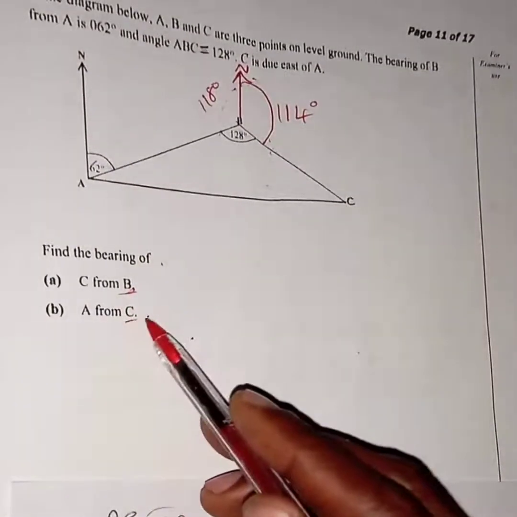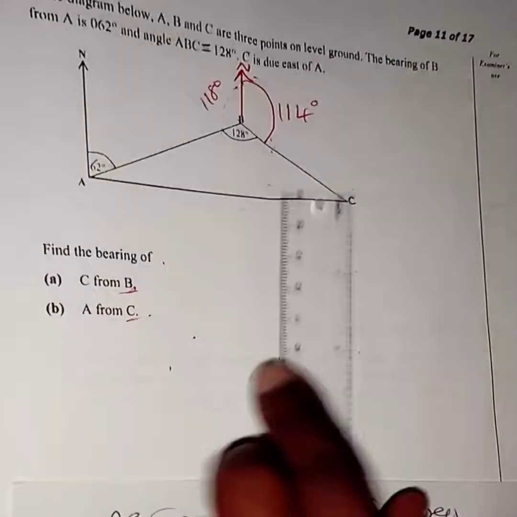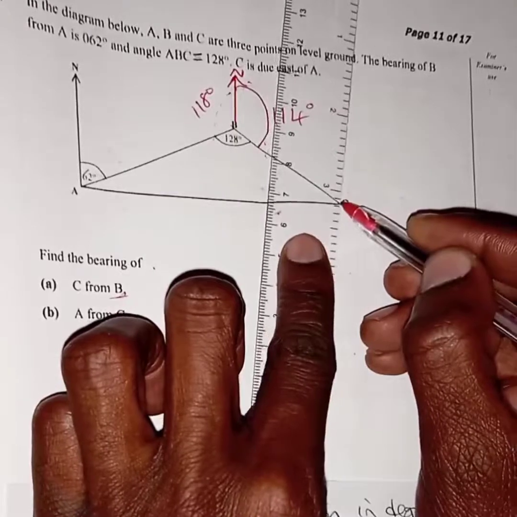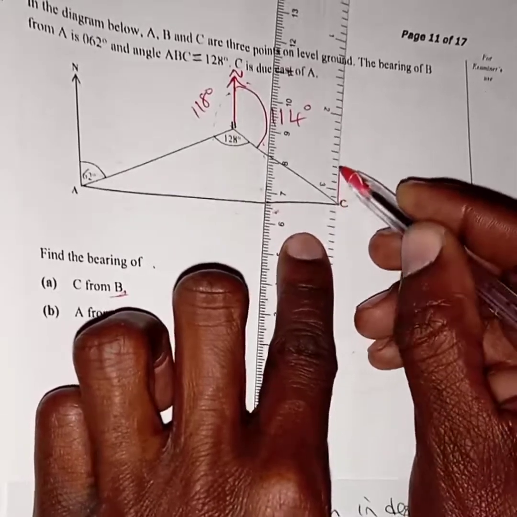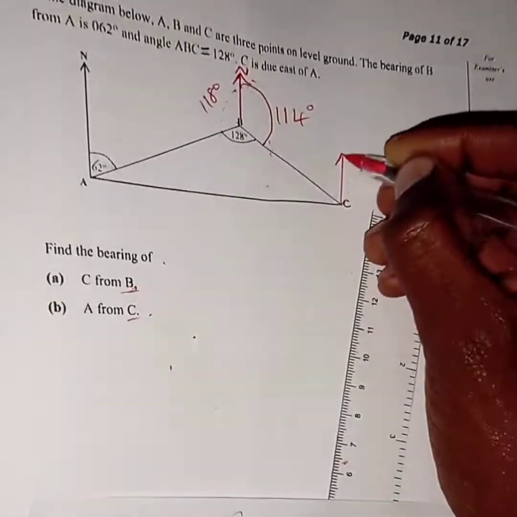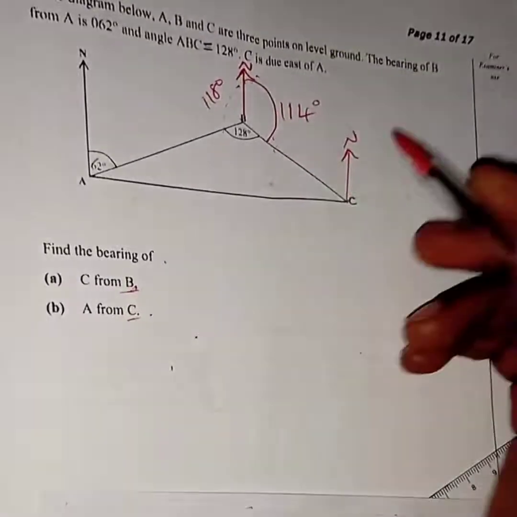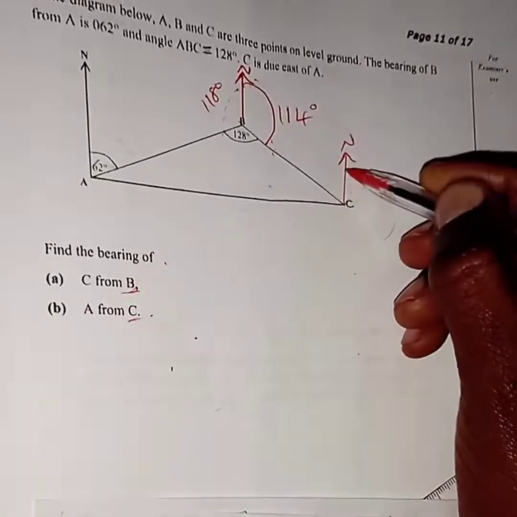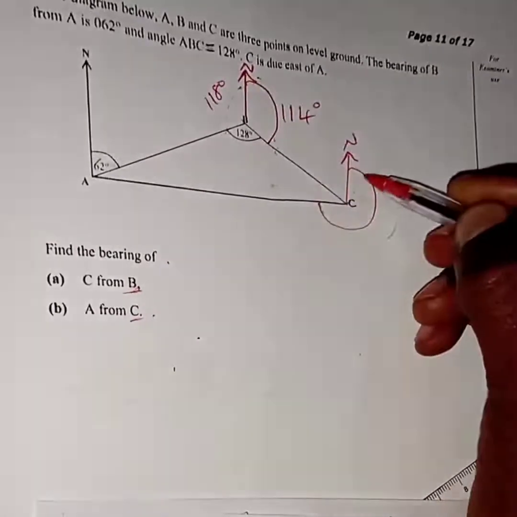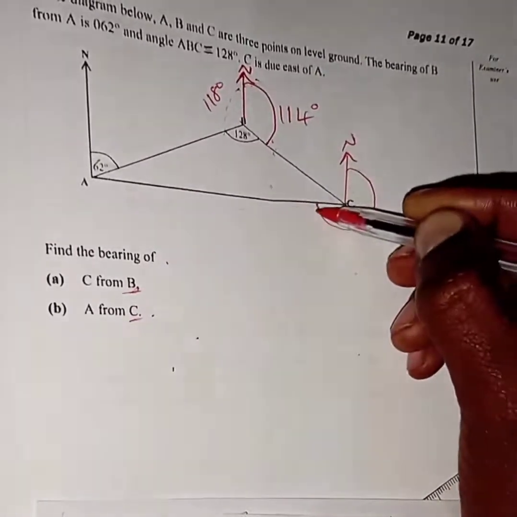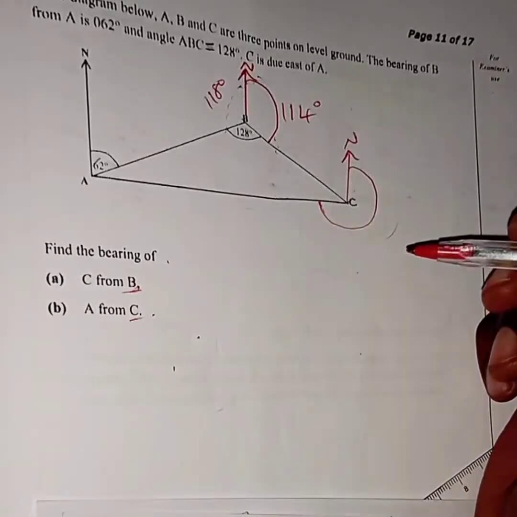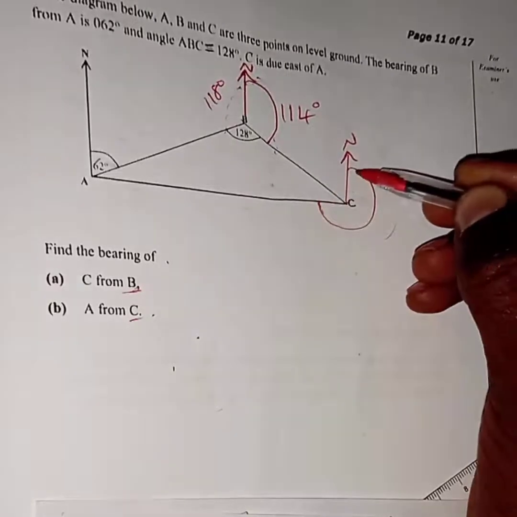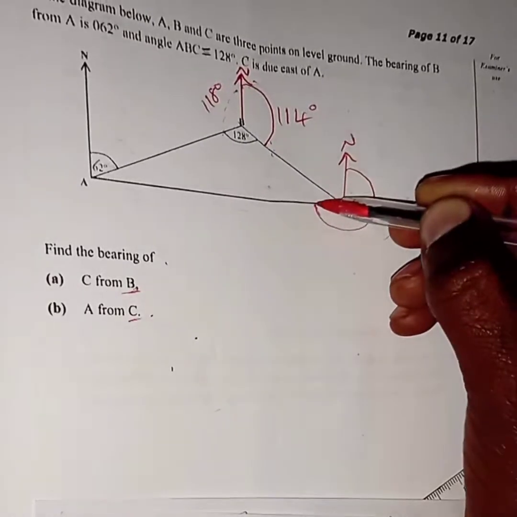Here, A from C, you go on C, you draw a vertical one, you show north, then you move in a clockwise direction until you meet the line coming from A. So they want us to find this angle. What will be this angle?